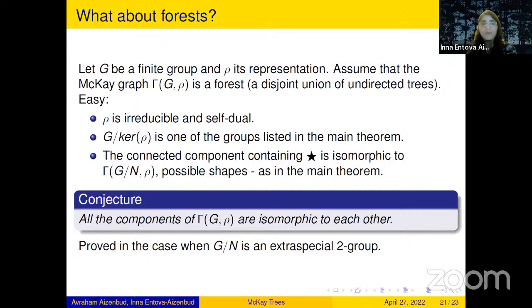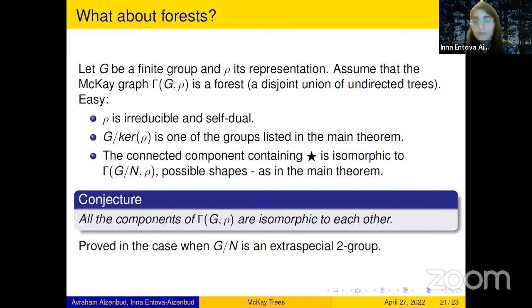Now, can we classify all the possible G's in this case? Well, the answer is not in a very nice way, in the sense that if we take G to be a product of one of the groups listed in the main theorem with any other group, and we take an irreducible representation which on the first factor is one of the rows listed in the main theorem, and on the second factor is trivial, we'll just get a union of several copies of the trees which we saw in the main theorem.